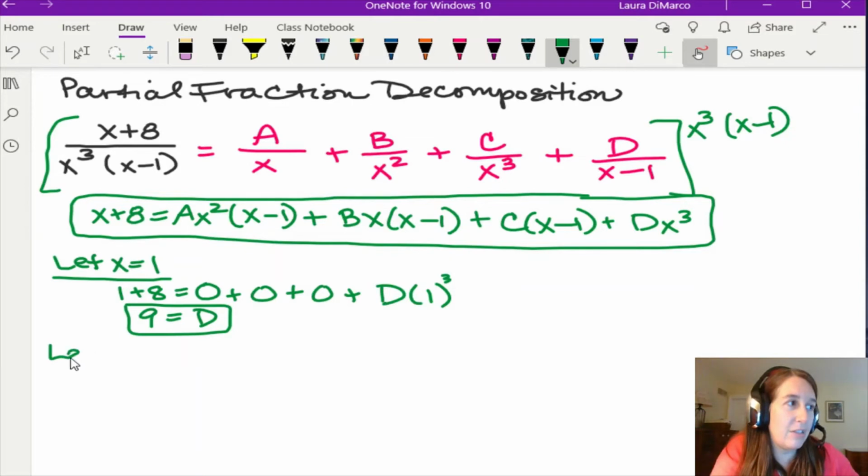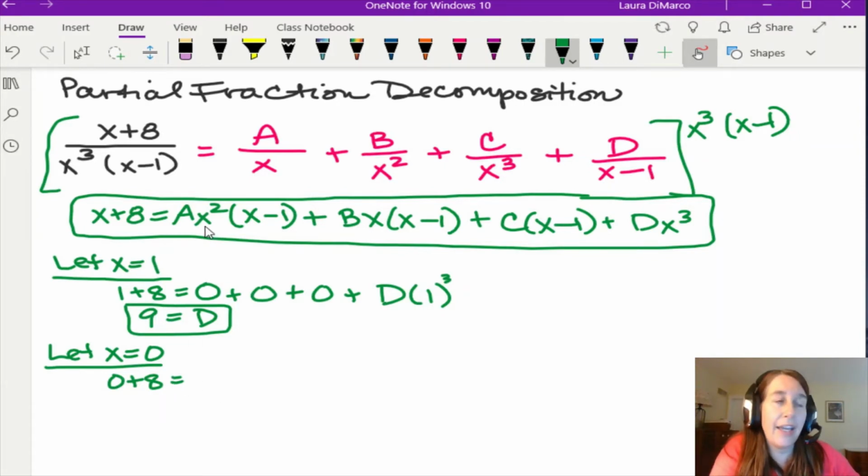Okay, let's do that again. What's another thing that it could be helpful to make x? Did you think of 0? I hope so. So if x is equal to 0, that is 0 plus 8 on the left. And then look at a, that's going to be times 0. So is b.